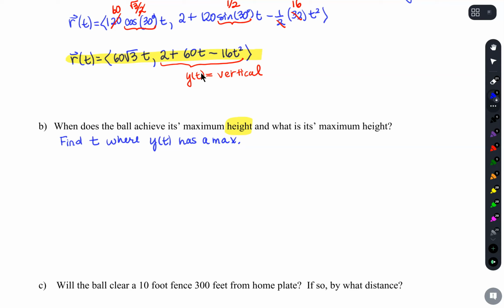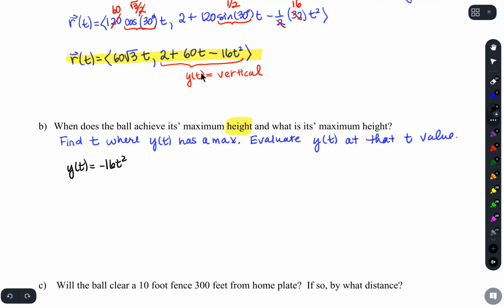And then once we have that, then we want to evaluate y of t at that t value. Okay, so y of t, we want that to have a maximum. So y of t equals negative 16t squared plus 60t plus 2.